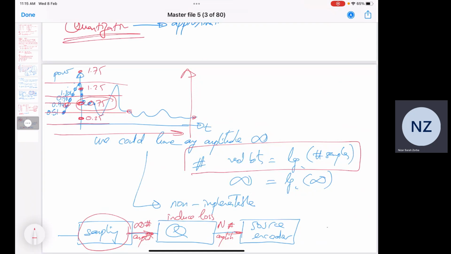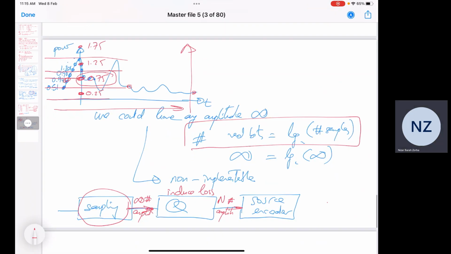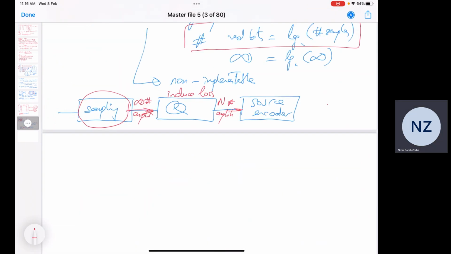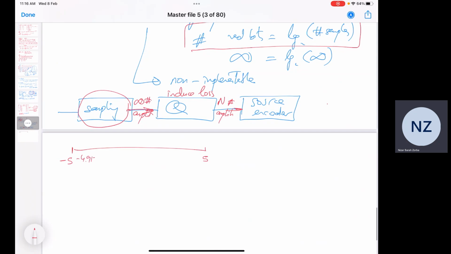So now, the first question is, definitely this will induce a lot of error, right? Let me put it as an example. My data is between -5 and 5, and I would like to quantize. So it could be -4.9175, -0.174, 3.1101, whatever the value is, an infinite number of options between -5 and 5.